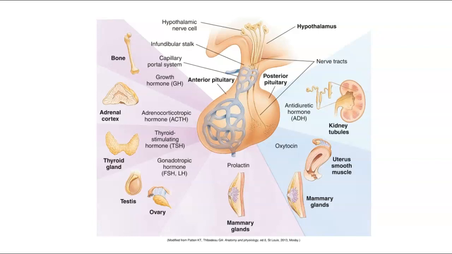So you can see on the left-hand side is all the anterior pituitary, and the posterior you have antidiuretic hormone, or ADH, and oxytocin. But remember, they're made in the hypothalamus and sent down to the posterior pituitary and released from there. So it's an interesting way that it works, but you're expected to know that.